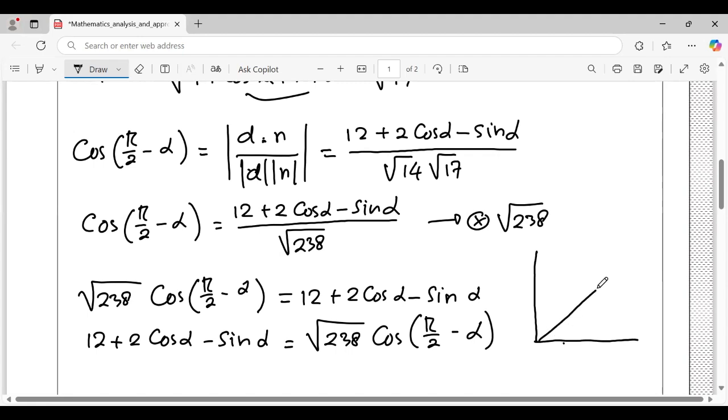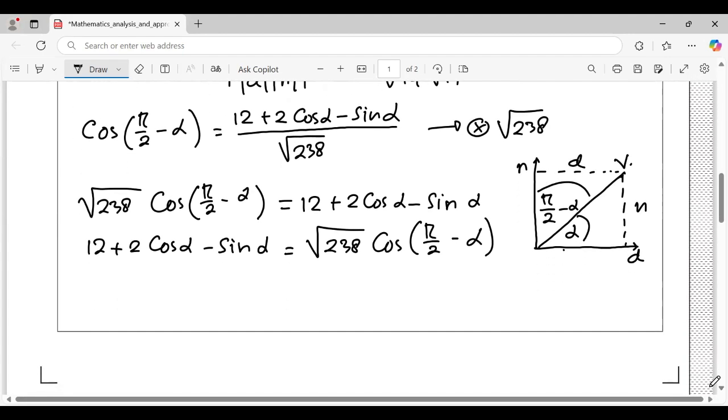This is the diagram, and this is d and this is the plane. So this is alpha. So this is n, d, and this angle is pi half minus alpha. I have to scroll down first.